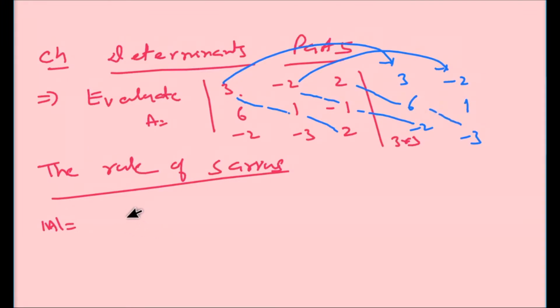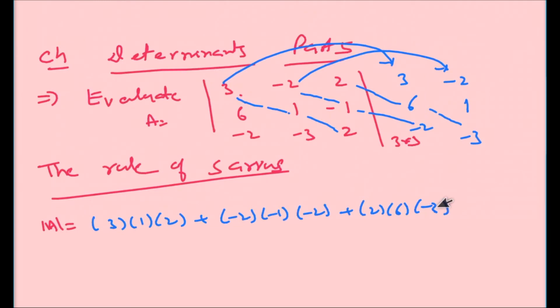So we write here what we have got: 3 into 1 into 2 plus minus 2 into minus 1 into minus 2, and then plus 2 into 6 into minus 3.